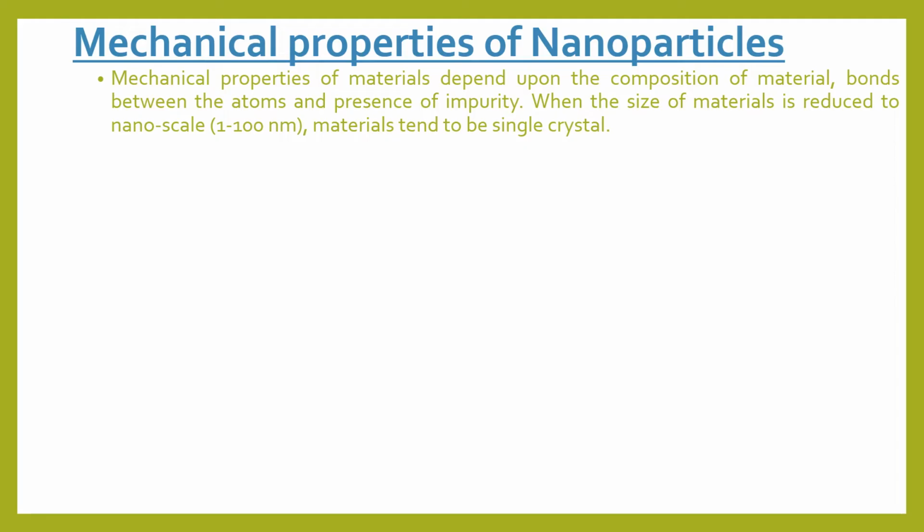So in short, in mechanical property, it depends on what the composition is in that material, how strong or weak the bonds are, and how much impurity is there. Depending on that, the mechanical properties vary. But when the material is reduced to nanoscale, instead of all such bonds and that, it behaves as a single crystal.